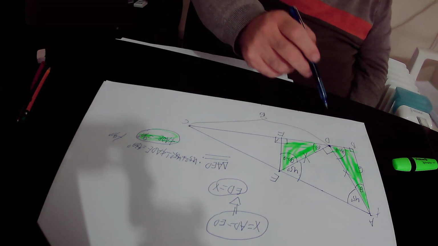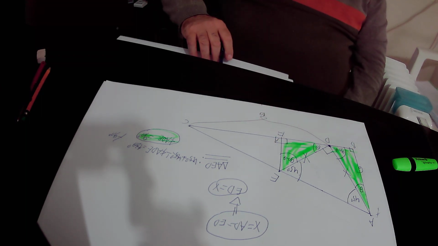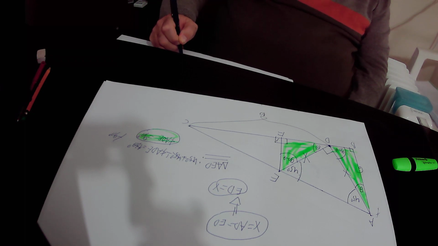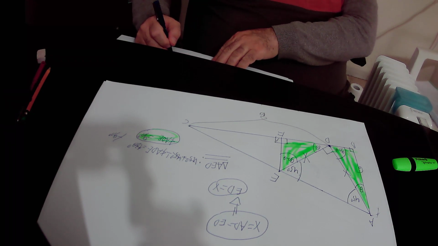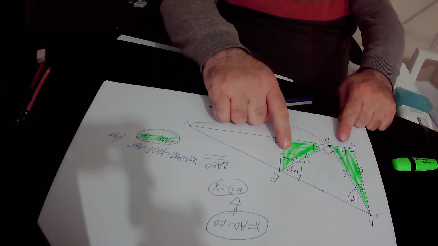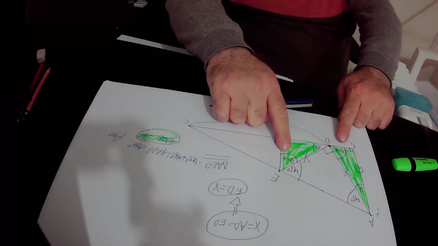AD equals DE, and both sides are equal to X. And we also have those two angles that are both equal to 90 degrees minus theta. Therefore, they are equal to each other.